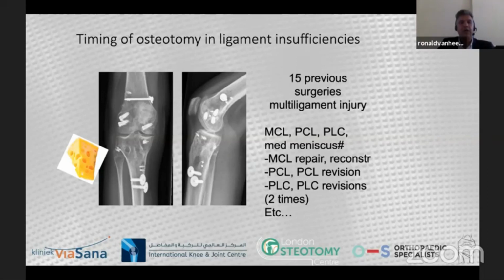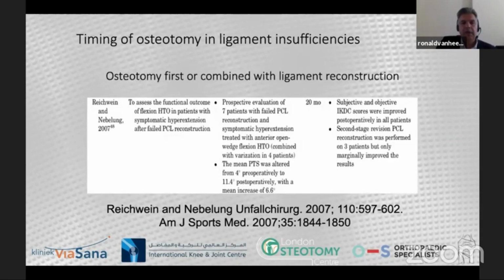So if you want to go with an osteotomy, and she hasn't had an osteotomy, where's the osteotomy? In a multi-ligament failure after failure after failure case, which now has developed into a varus with medial OA. Maybe at some point, an osteotomy would have been beneficial to help the ligament reconstructions. It's just a question.